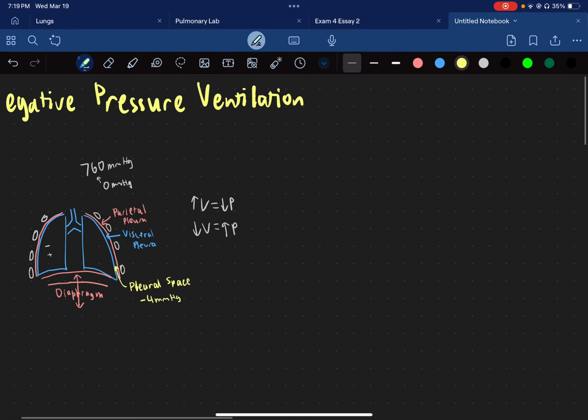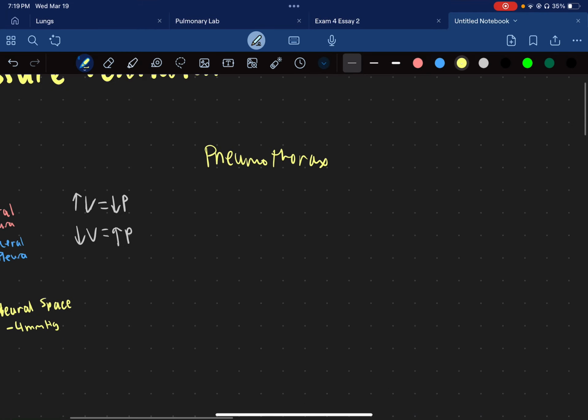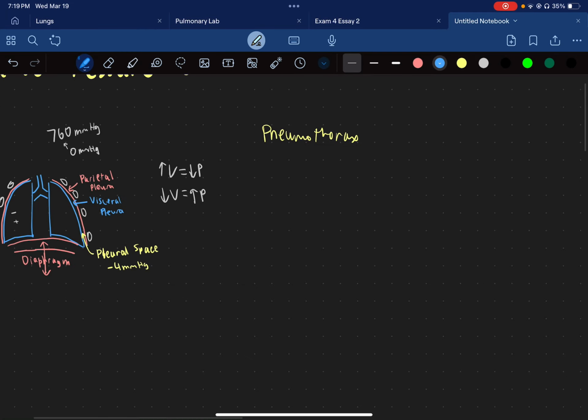Now, what are some issues we can go through? There's something called pneumothorax. Pneumothorax is going to happen when we've got some sort of puncture in one of the pleural membranes.